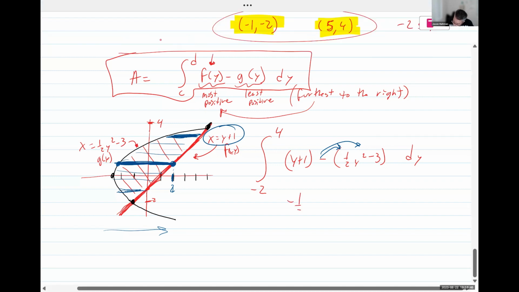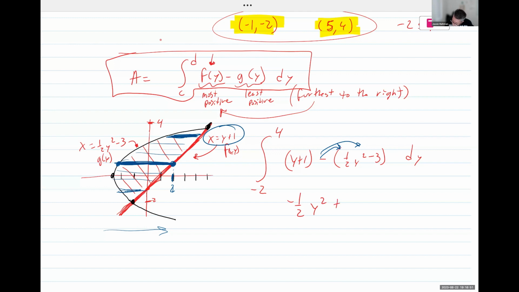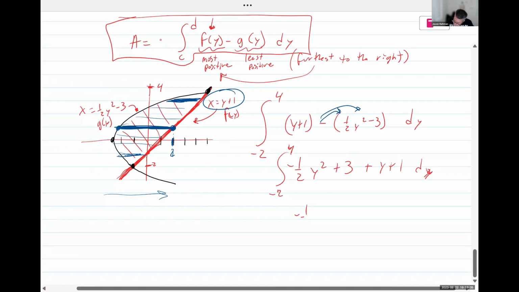And I get -1/2 y squared plus 3 plus y plus 1, integrate from -2 to 4 dy. And so I get -1/2 y squared plus y plus 4 dy integrated from -2 to 4.